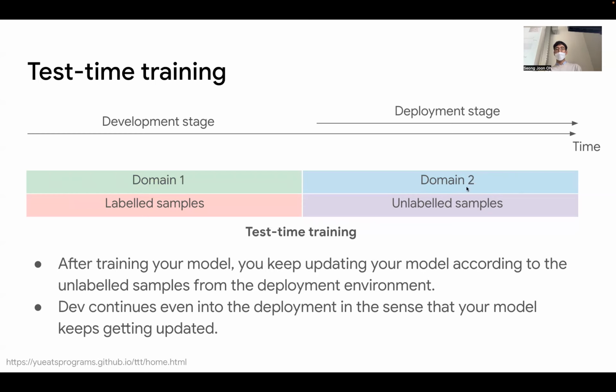You don't do any relabeling in this new domain, but still it helps to have access to these incoming domain samples and then try to fit your model on the fly. Okay. Right, this is called test time training, and it's getting more popular these days with Alexei Efros.